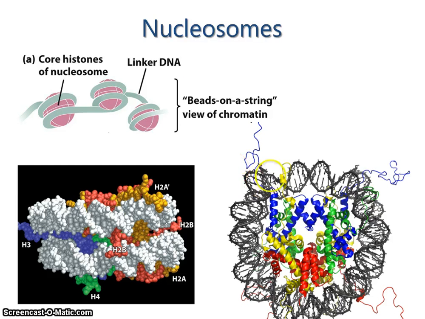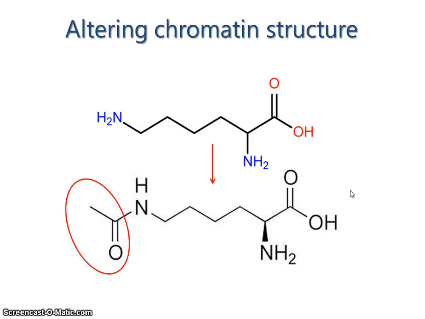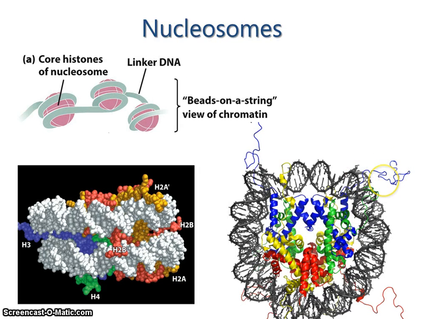Now, there are also these histone tails that extend past the nucleosome. So the nucleosome in general includes both the histone and the DNA. The histone tails extend past the nucleosome, and they're actually what helps create a tighter or a looser bond of the histones with the DNA.